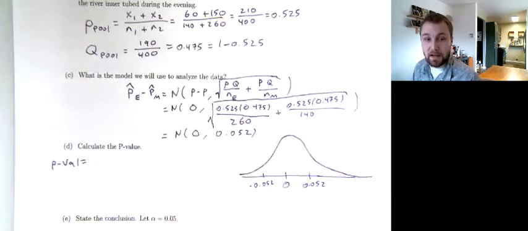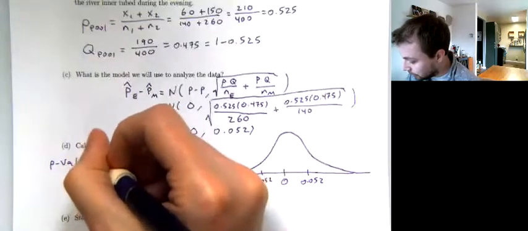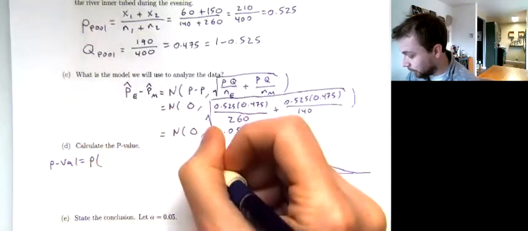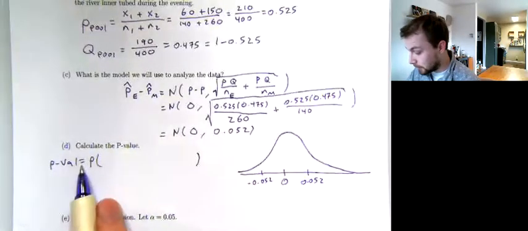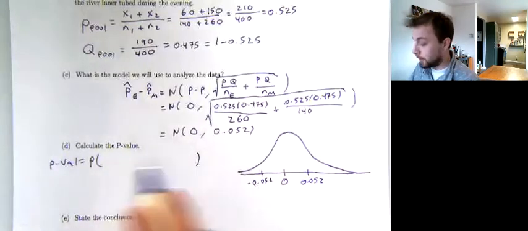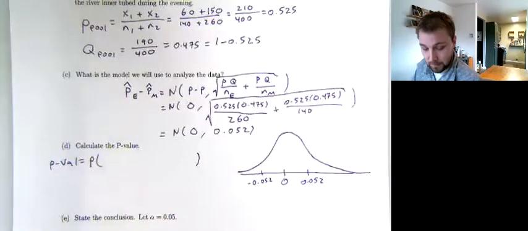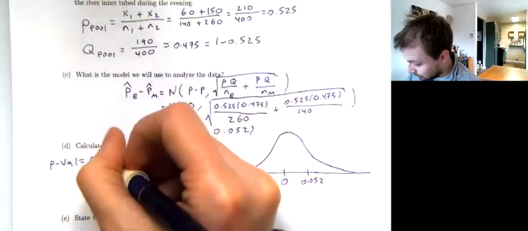And as I write down this calculation for the p-value, I'm going to remember that definition. It's going to tell me what to do. The p-value is the likelihood. So the p-value is the probability of some event. It's the likelihood of my sample data.